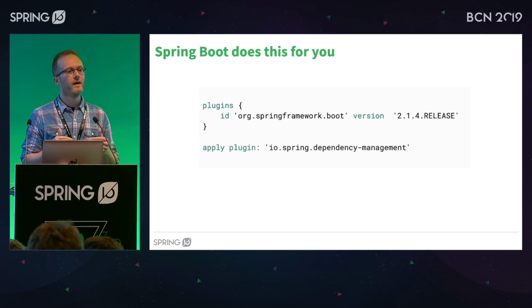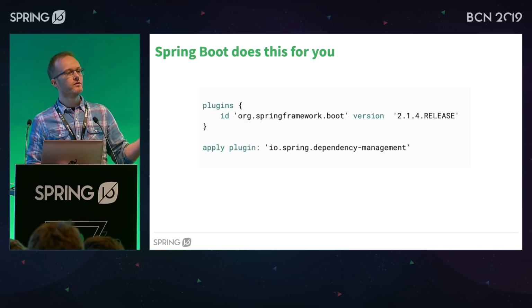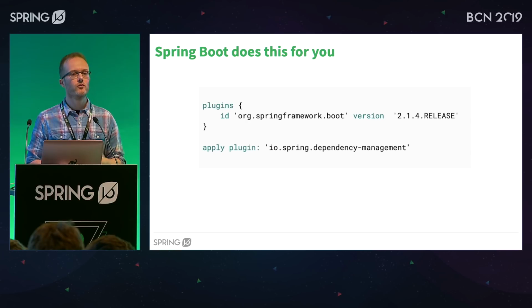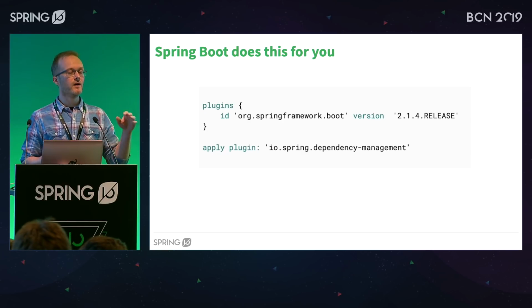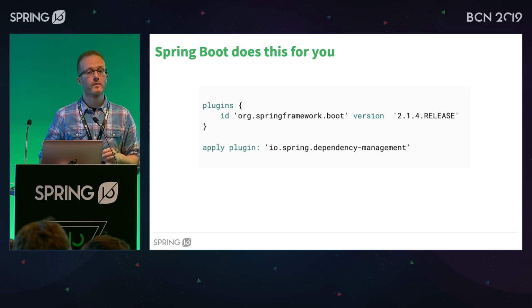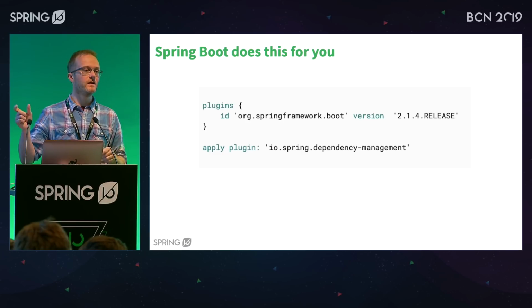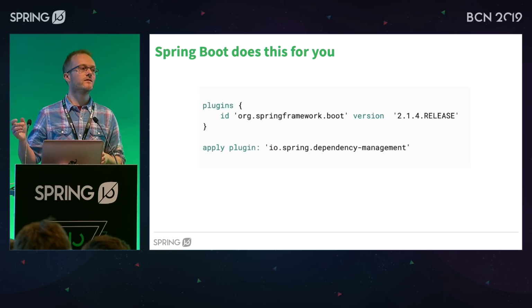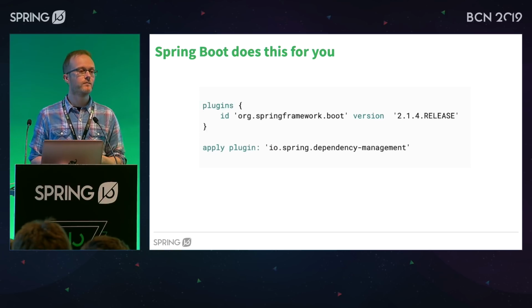By applying the dependency management plugin, the Spring Boot plugin takes that as a signal you want to use the dependency management plugin to manage your project's dependencies. So the Spring Boot plugin turns that into an import of Spring Boot's dependencies BOM. It means that you can just specify a particular version of Spring Boot and you'll automatically use the equivalent version of the Spring Boot dependencies BOM to manage your project's dependencies.